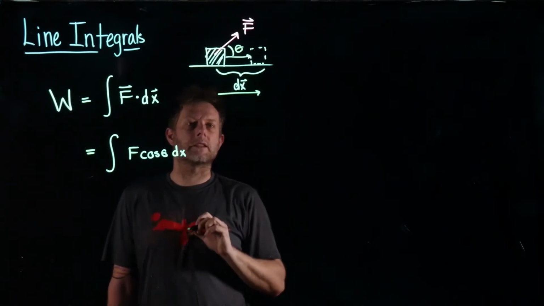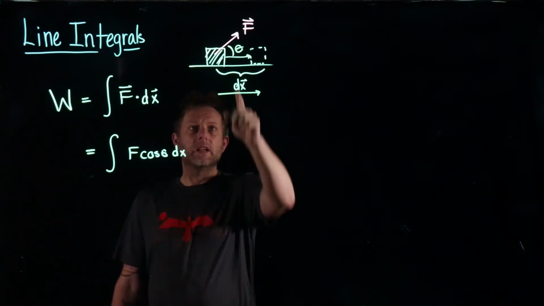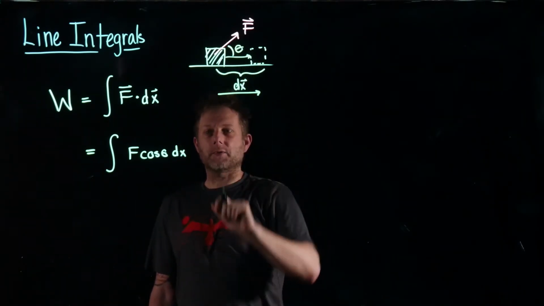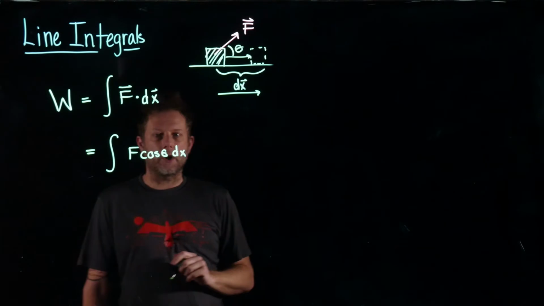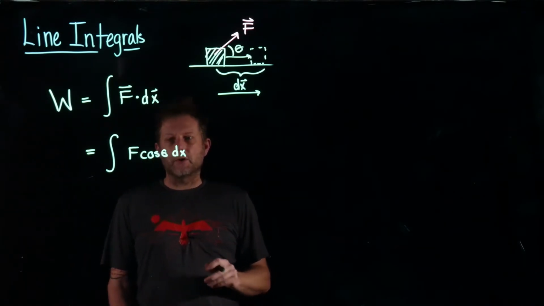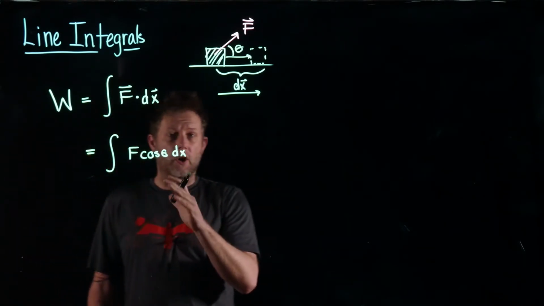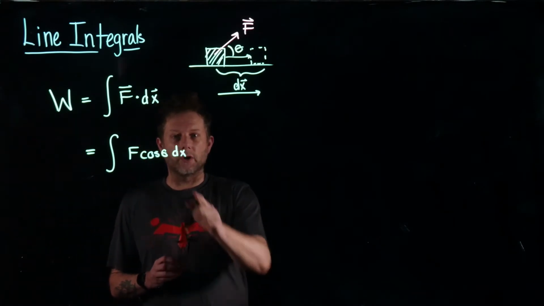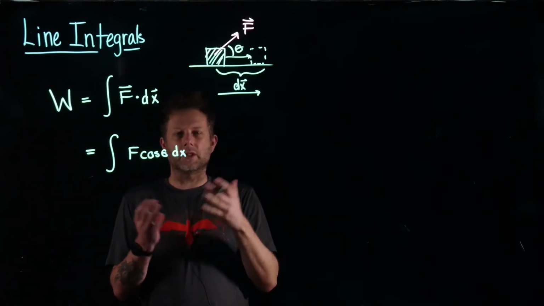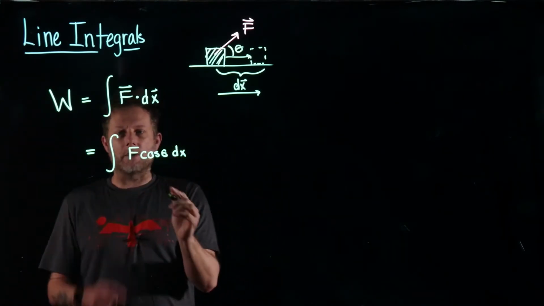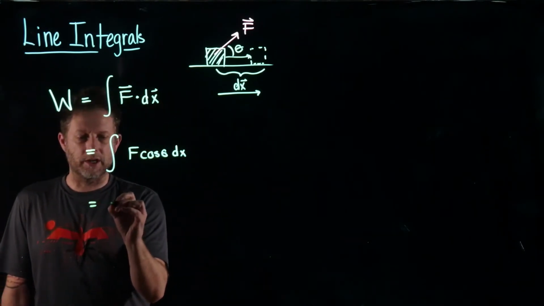So we could even put a vector onto this one here as well: a displacement vector, the x vector, and the force vector F. The angle between those is what we use in the dot product. And then if we know the magnitude of the force, which we often did in physics 1, and we know the angle, there would be two constants. We could put them outside the integration.